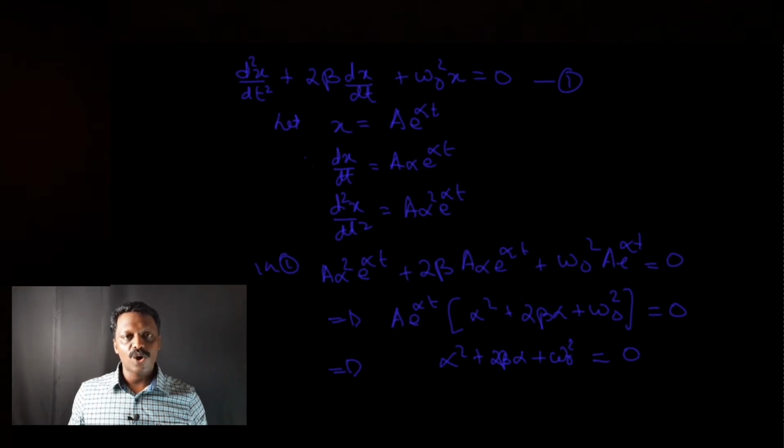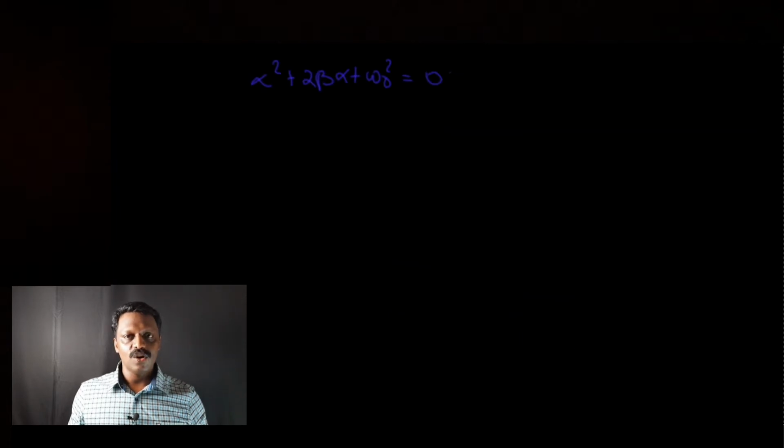This is a quadratic equation whose solution can be written in the form minus b plus or minus root of b square minus 4ac by 2a, if the quadratic equation is of the general form ax square plus bx plus c.